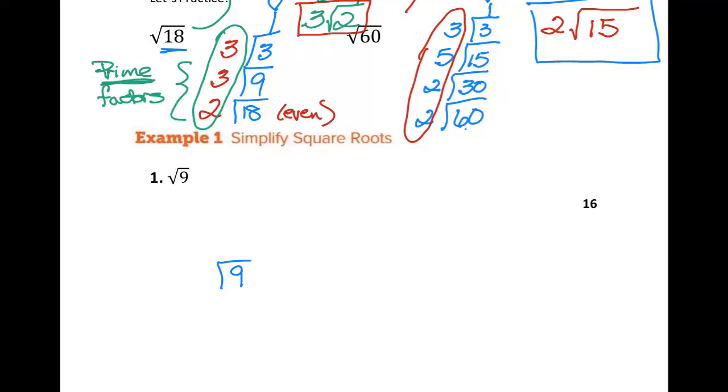Is 9 even? No. Does 9 end in a 0 or 5? No. So divide by 3. 9 divided by 3 gives you 3. 3 is also divisible by 3. There's your candle, so you know you're done. Rewrite the square root of 9 as 3 times 3.